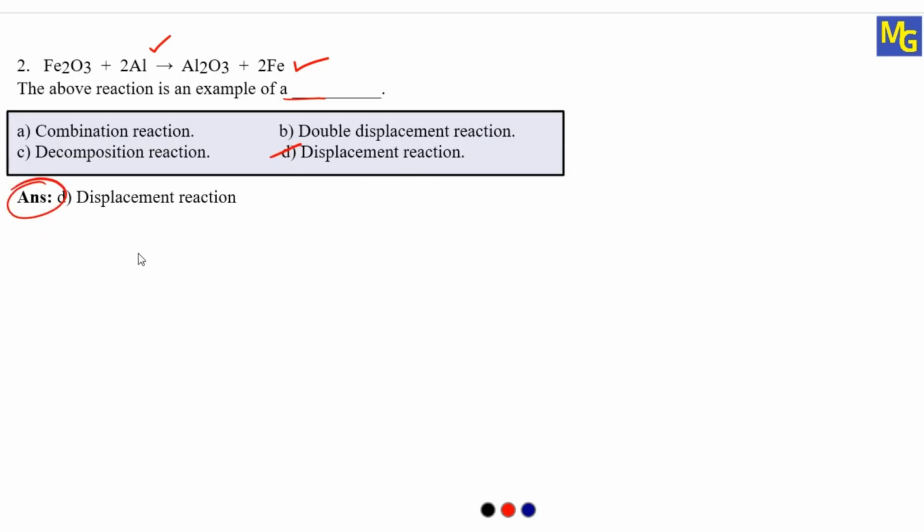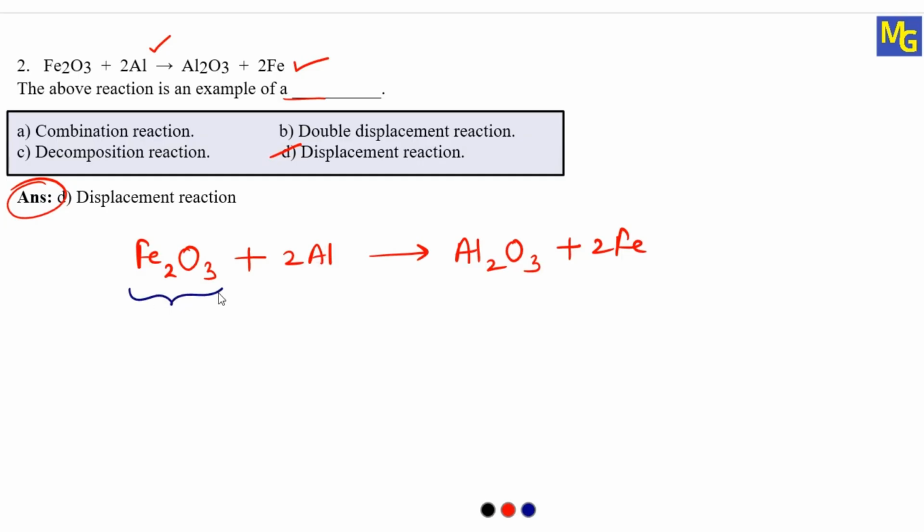Let me explain with the help of the equation. So see here, Fe2O3 plus 2Al gives Al2O3 plus 2Fe. This is the reaction which is given. And if you see this reaction, you can understand this is one reactant, and this is a second reactant.